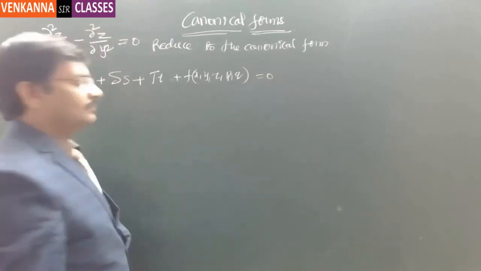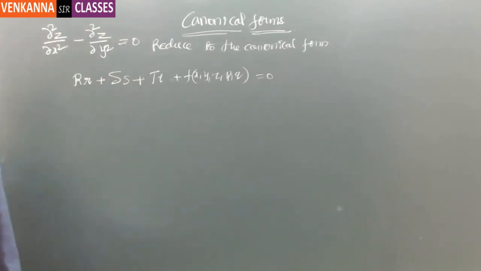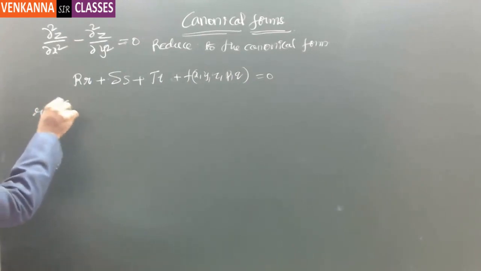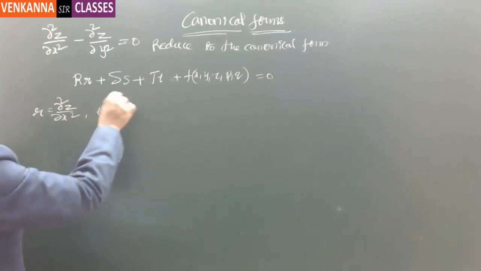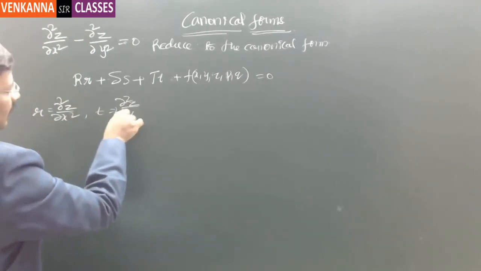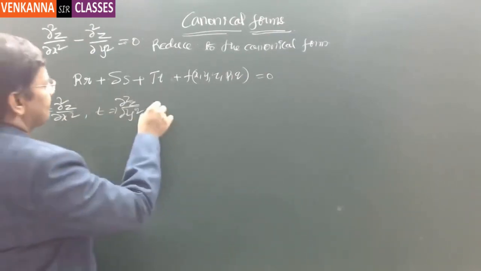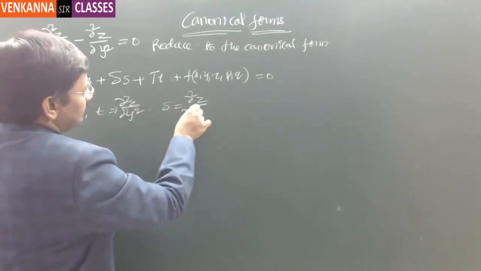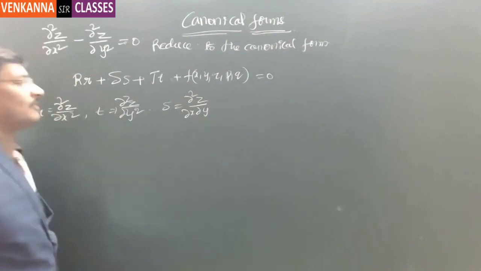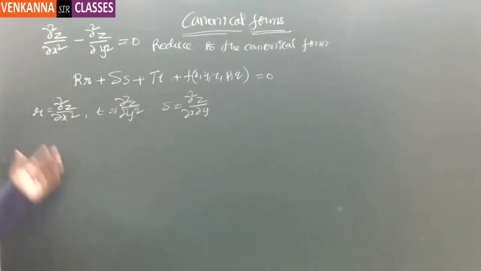So this is a second order partial differential equation where r is equal to dou square z by dou x square, t is equal to dou square z by dou y square, and s is equal to dou square z by dou x dou y. So this is the standard form of the partial differential equation.